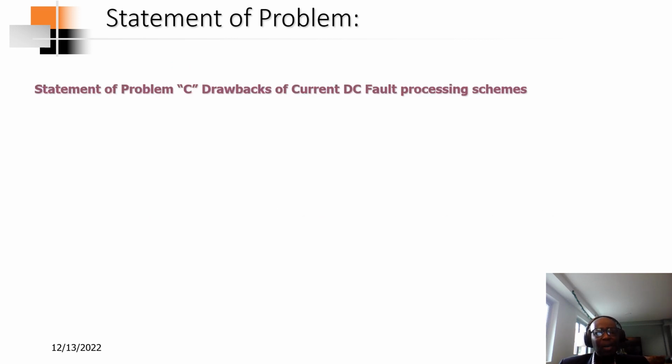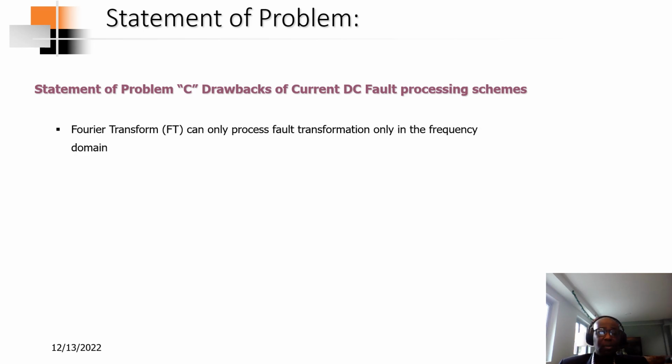Now let's talk about the next problem that we have with HVDC, and that is tied to the processing schemes, the processing algorithms that we have. Like I made mention, most of the protective relays utilize a phasor domain, and some of them Fourier transform, but it can process fault signals only in the frequency domain.